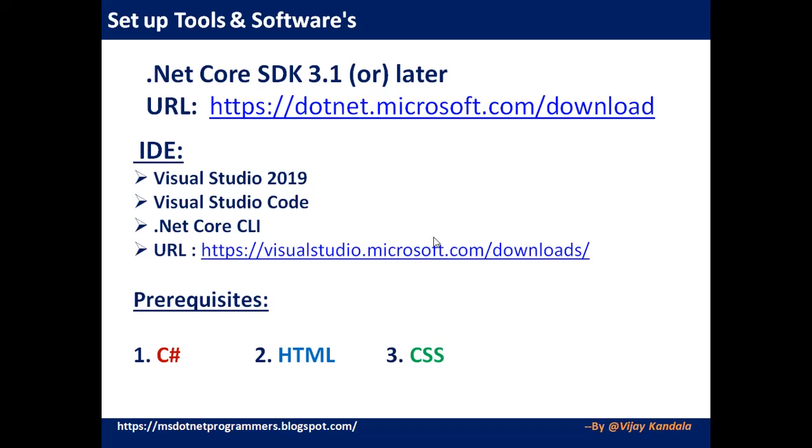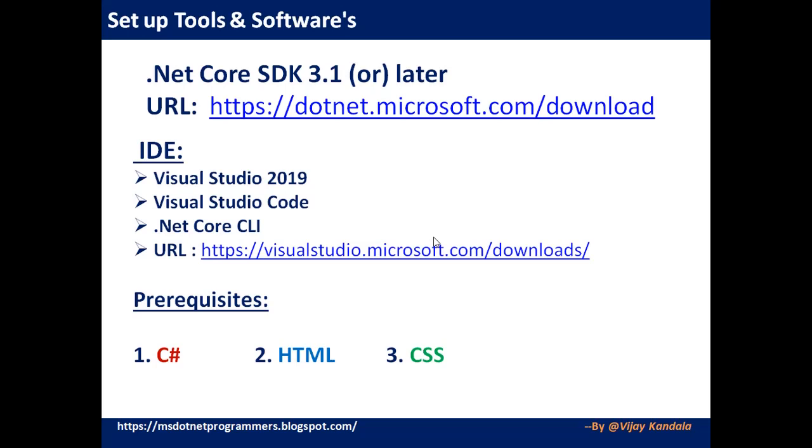To download Visual Studio 2019, use the link below: visualstudio.microsoft.com/downloads. Prerequisites: C#, HTML, and CSS are required to learn Blazor applications. If you already have knowledge of .NET Core, it is an added advantage.